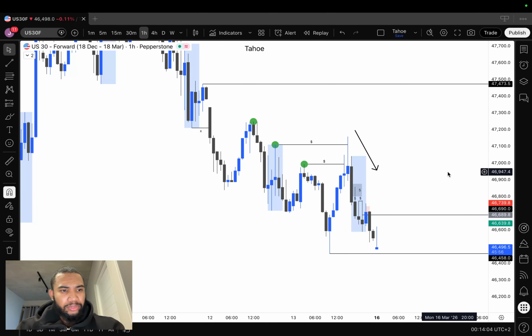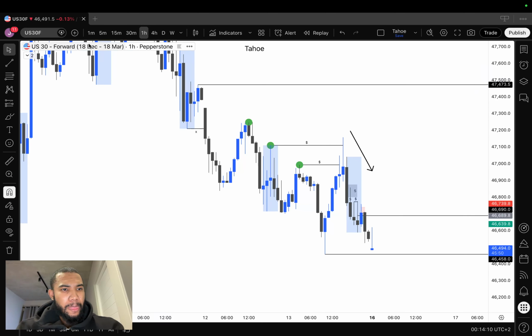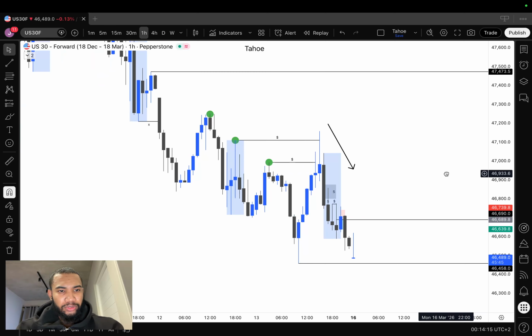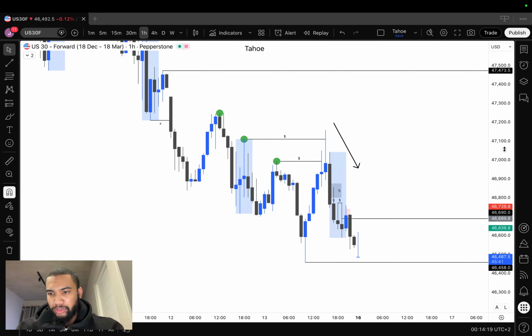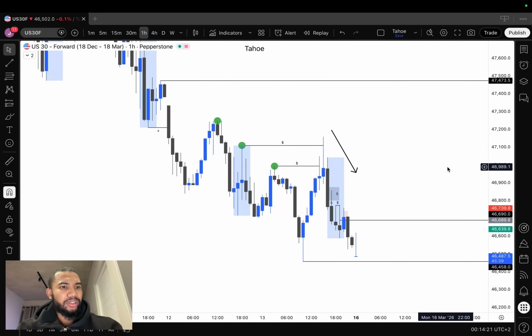So here we are. US30, the forward chart for Pepperstone, 18 December to 18 March. Of course, this will roll over very soon, actually this week, and then they'll be creating a new forward chart for US30.